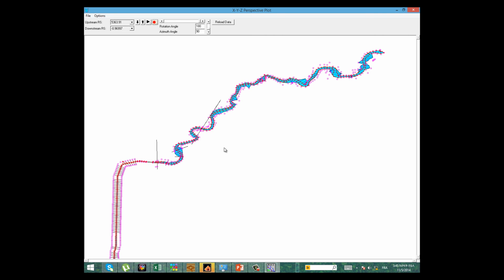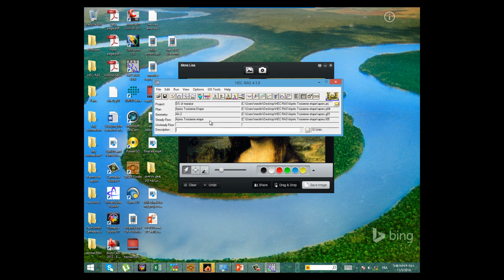So it's very important to take care of all these areas, and take some measures. That is the recommendations I have. So that's all about running the HEC-RAS model in the river Aire.